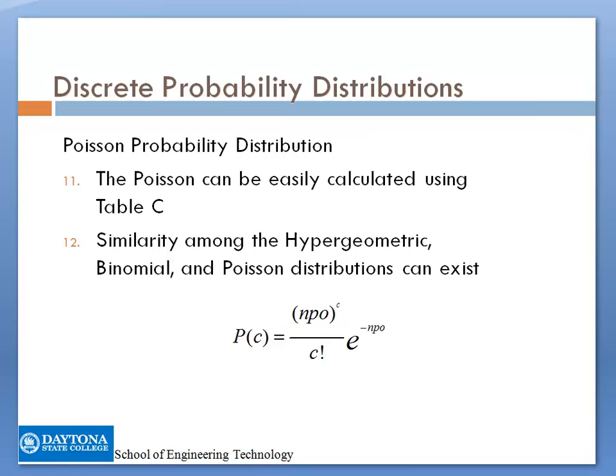Now, the formula of the Poisson distribution is P(C) equals nP sub O, which is the average count or average number of events of a given classification, to the power of C, which is the count or number of events, divided by C factorial times e to the power of nP sub O, which is the average count or average number of events.